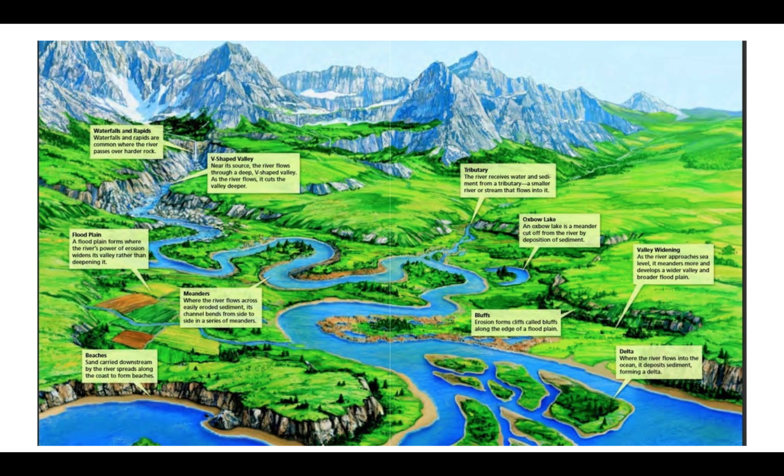Because I love to talk about rivers and water, life's source, I wanted to show this image. There's so many things that you can look and see from this river flowing downhill. I have talked and we have learned about a few of these.